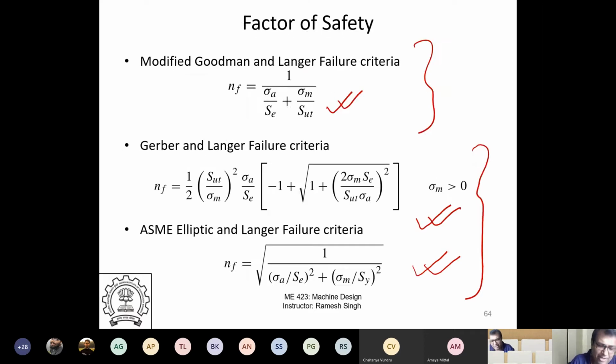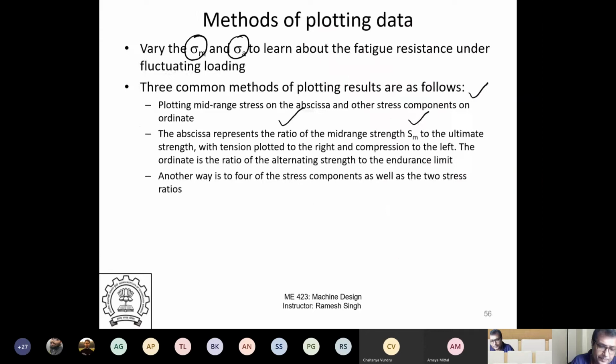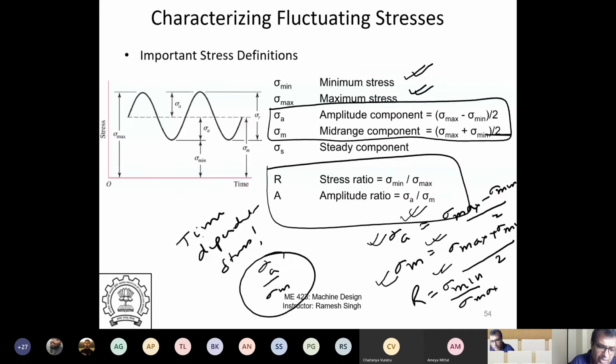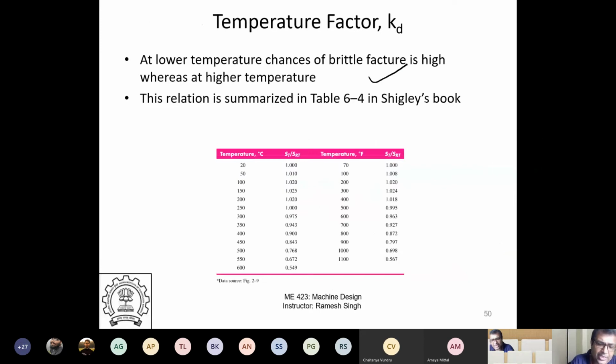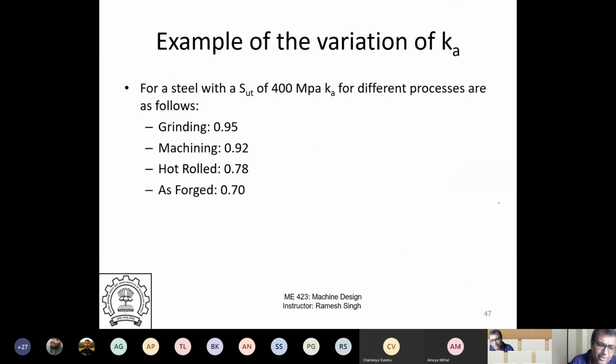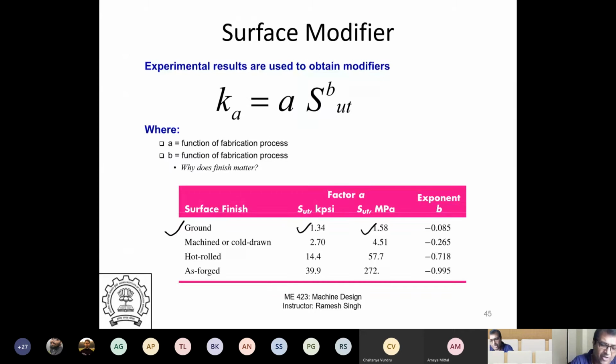I'll keep going one by one, and then we'll find the values for that. Very good. Let's go ahead and do all these modifiers, because I need to correct the endurance limit. First thing would be the surface modifier.